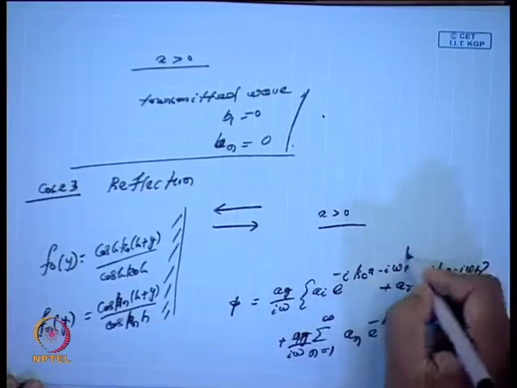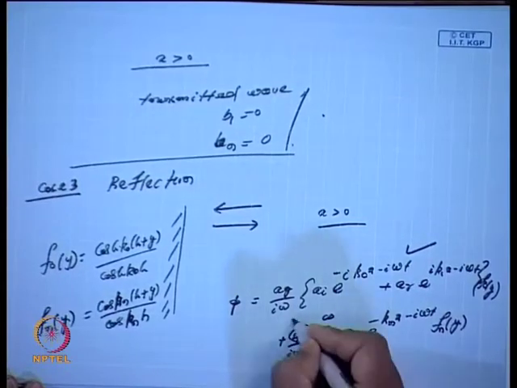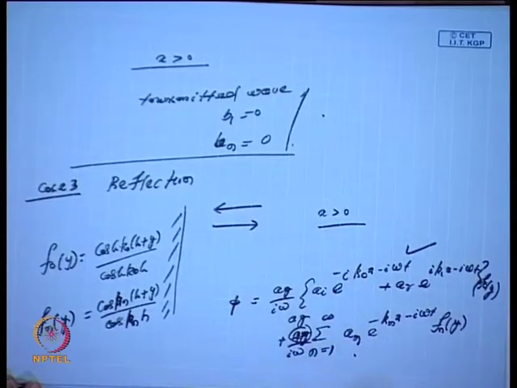This is my general form for the reflection, because I have one incident wave, this is the reflected wave, and these are the evanescent modes. This is a g by omega.